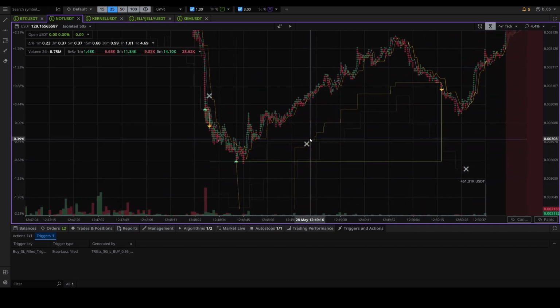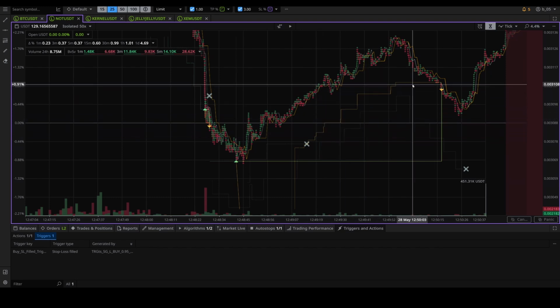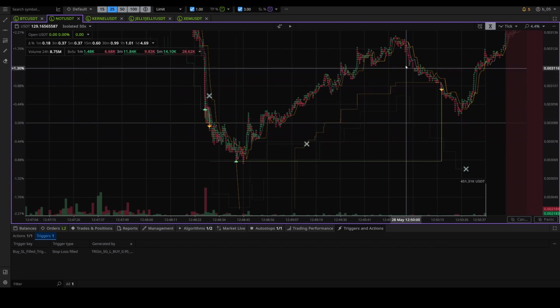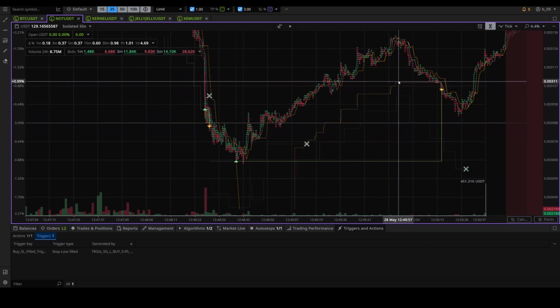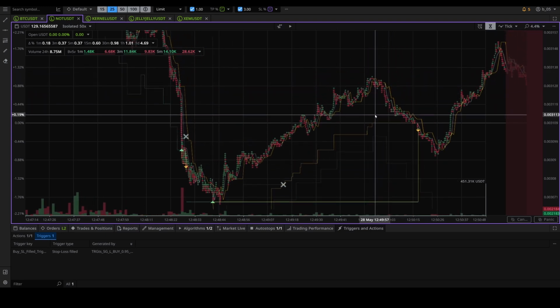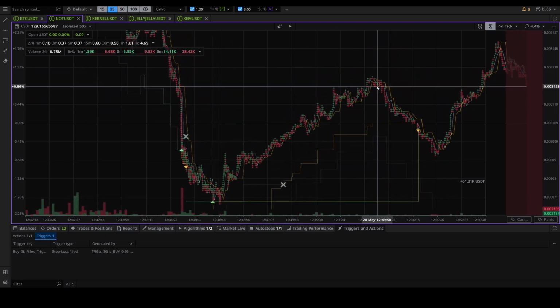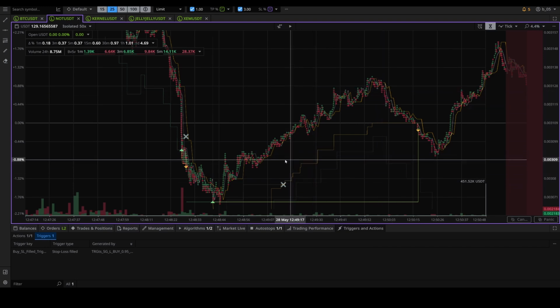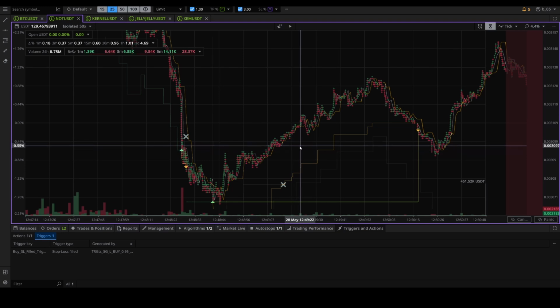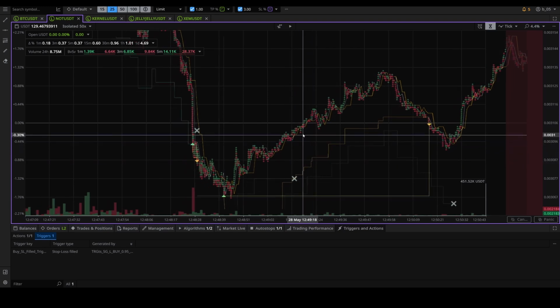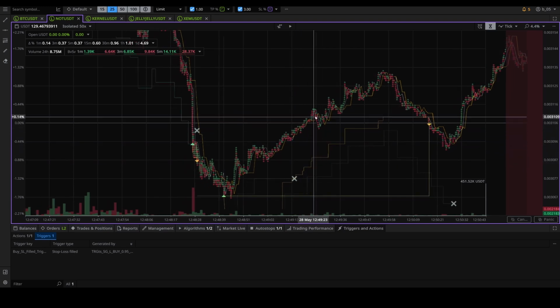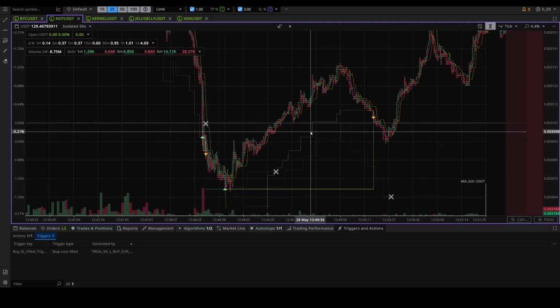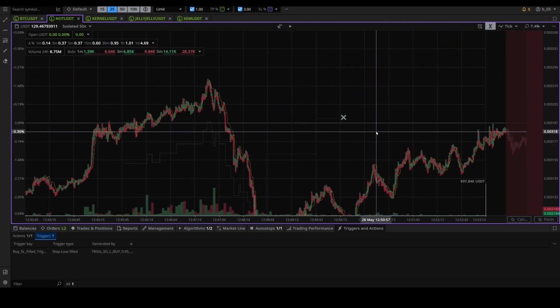You can play around with second stop loss settings. I mean, here it stayed at least 0.75 away from the price. So this is potentially what it could have gained if it stayed closer. But if it stayed closer, this little turnaround would have closed it already. So there's still stuff to figure out.